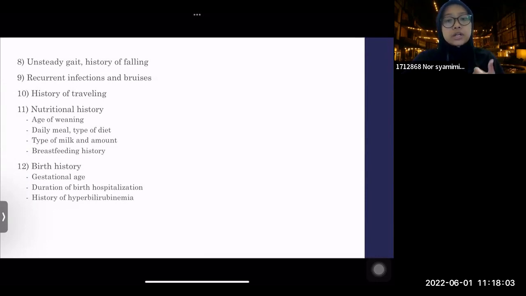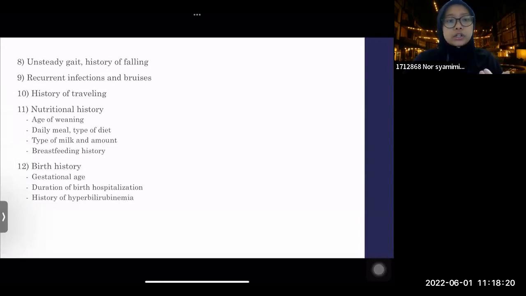And also ask about the breastfeeding history, whether the patient is still breastfeeding after exclusive breastfeeding for 6 months and the mother is a strict vegetarian, it could lead to vitamin B12 deficiency.